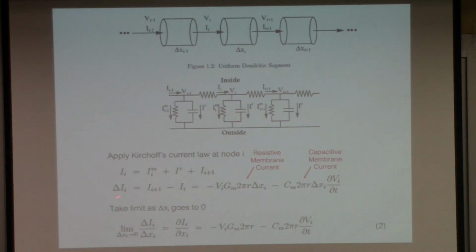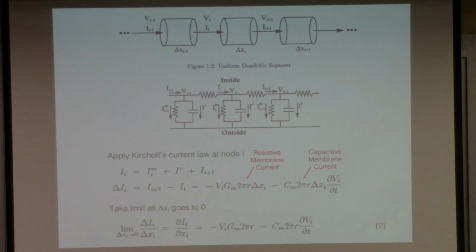So this current differential must equal the current flowing through the resistive element, that's this term here, plus the current flowing through the capacitive element. And the current through a capacitor is the capacitor value, which is this term here, times dV/dt, the time rate of change of voltage across the capacitor.